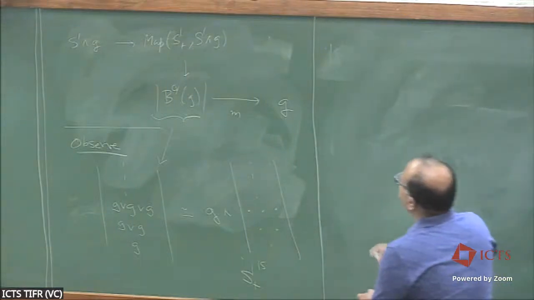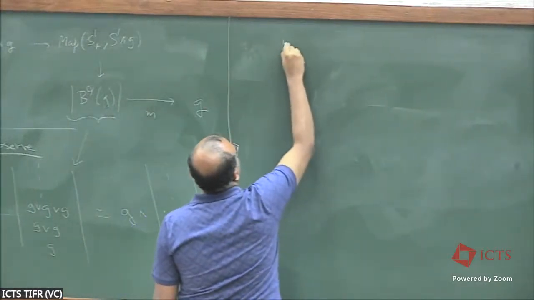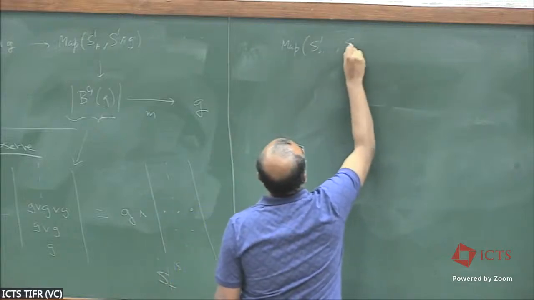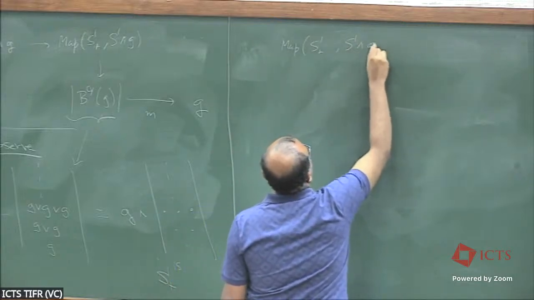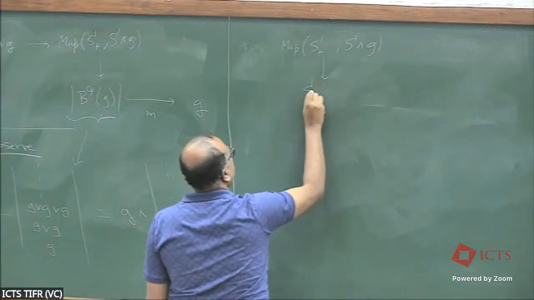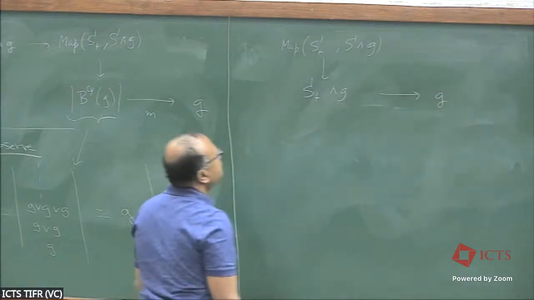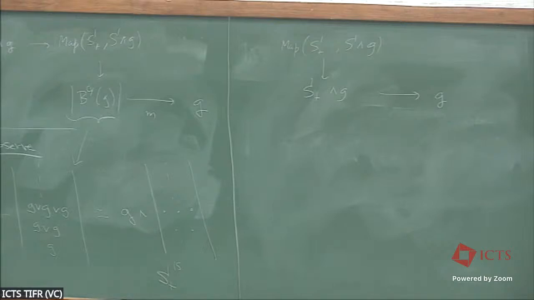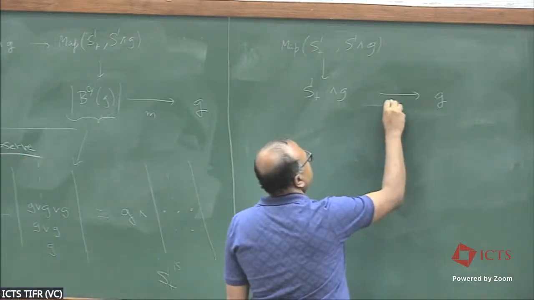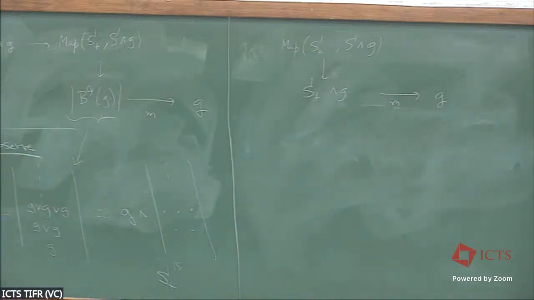And so what you have to do is the following. Let's look at this map then. So you have the map S1 plus smash S1 smash G to S1 plus smash G, and you have to go down to G. So this M here will be sending S1 to the non-base point.